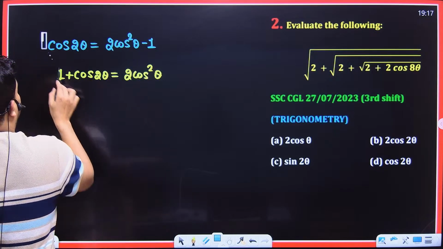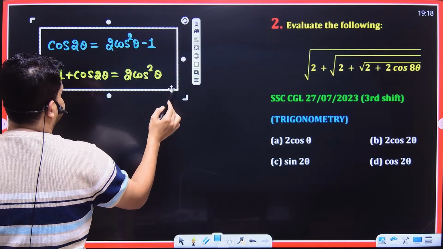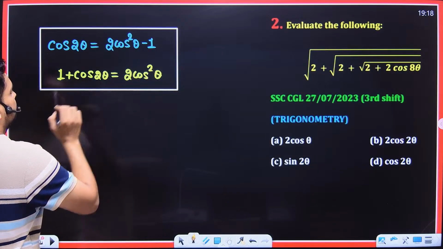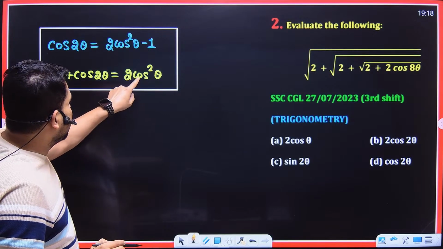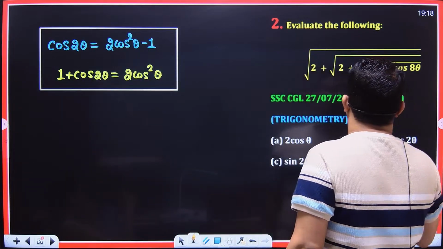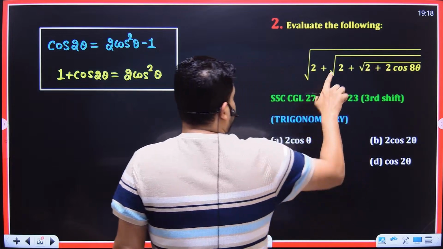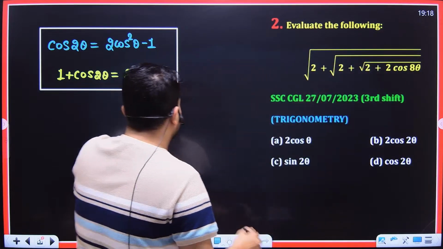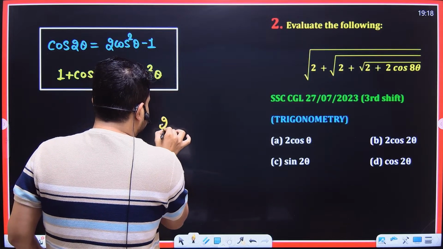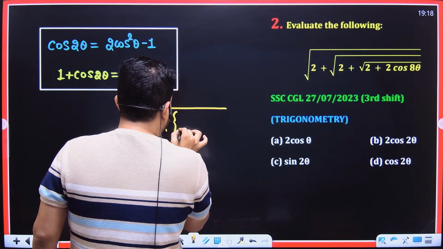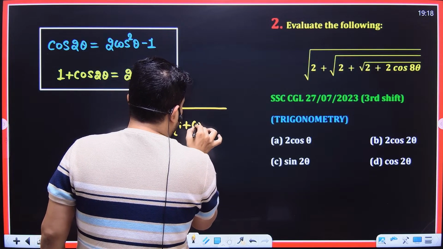Here we have 1 plus cos 2 theta and half of its angle. I put in the value 2 plus 2 cos theta. If I take 2 common, what is in the square root? I have 1 plus cos 2 theta.